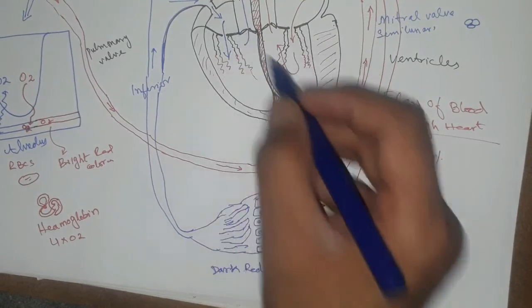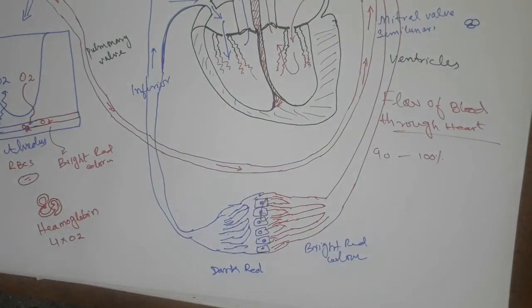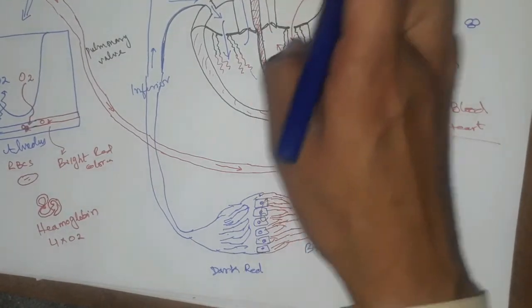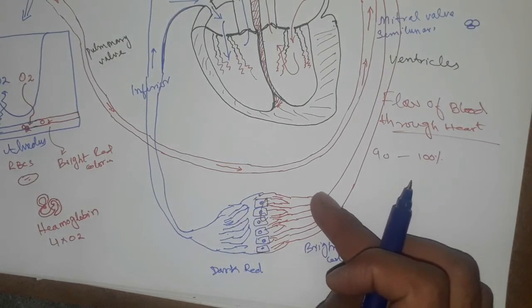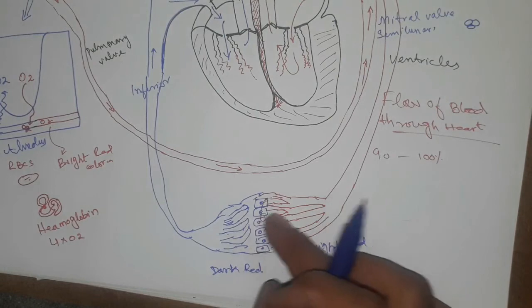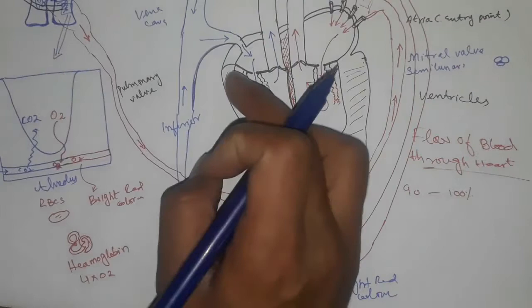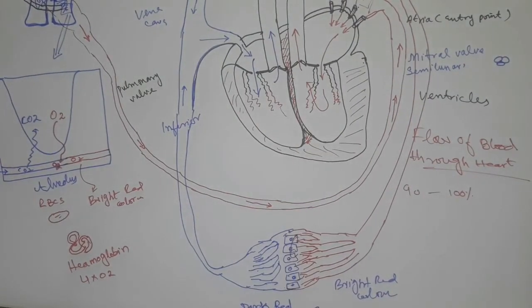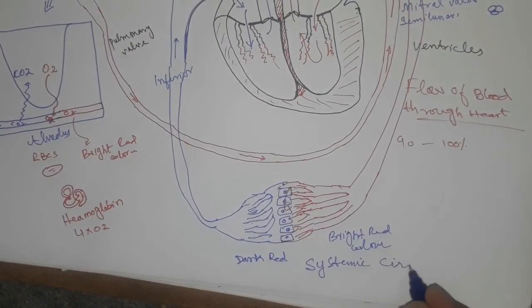So this trip from the left ventricle into the aorta and then into the whole body, and back into the right atrium, is called the systemic circulation.